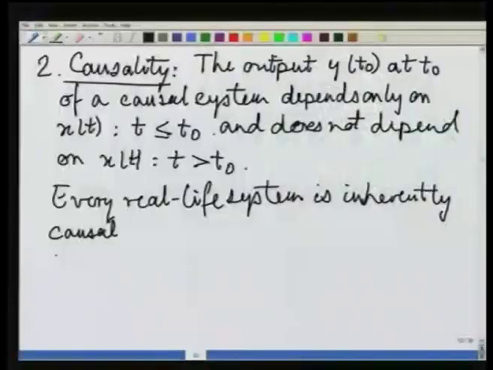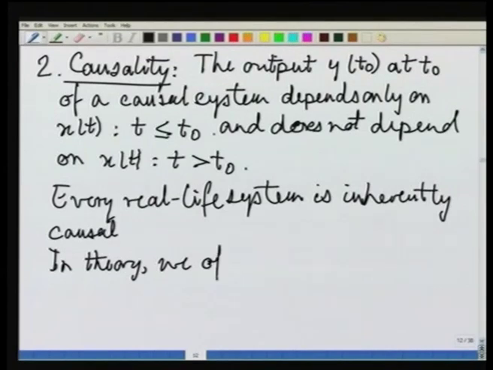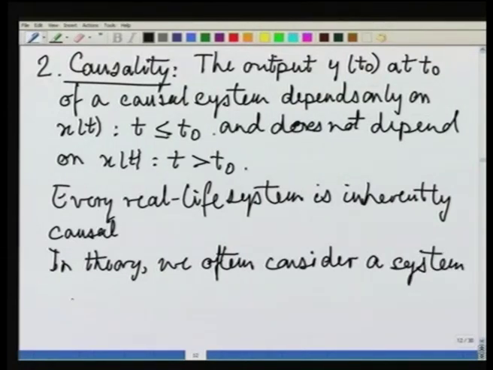That is because in theory we have no problem in considering a non-causal system. In theory, we often consider a system to be non-causal.